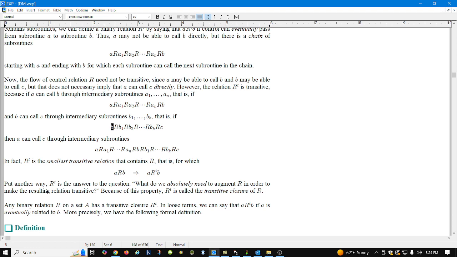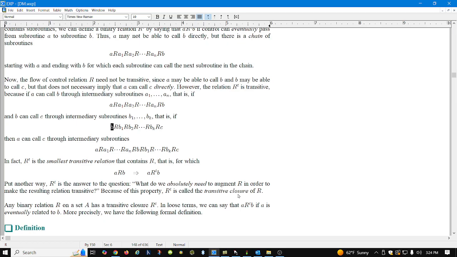The least amount that we have to do to get a transitive relation. What we have to do is connect these chains beginning to end. Okay. So this is called the transitive closure of R. It's the smallest relation containing R that is transitive.